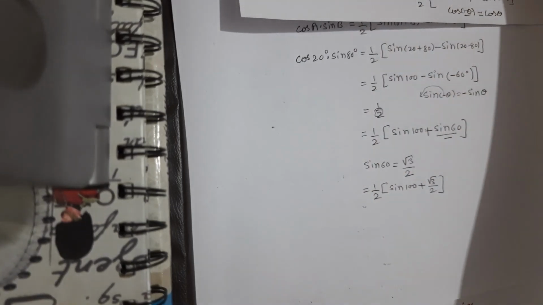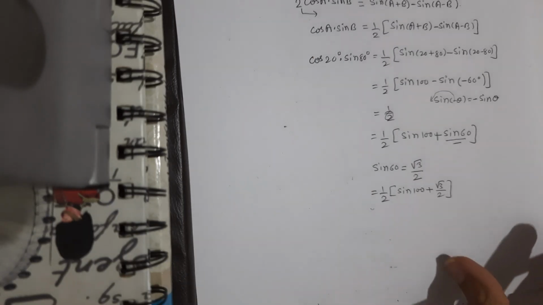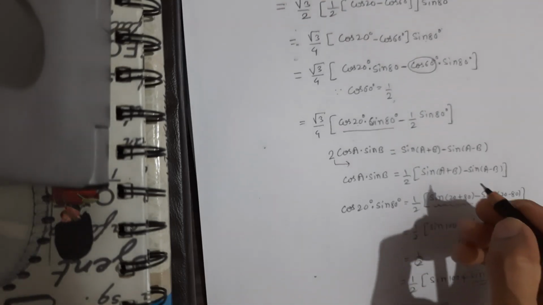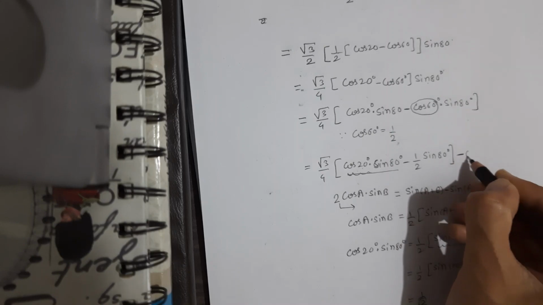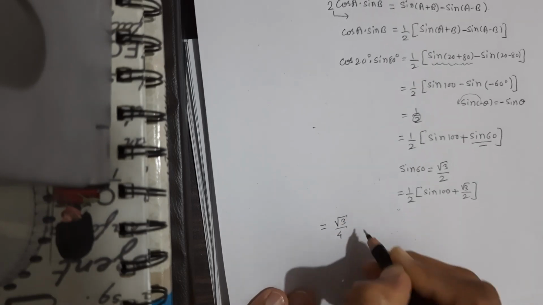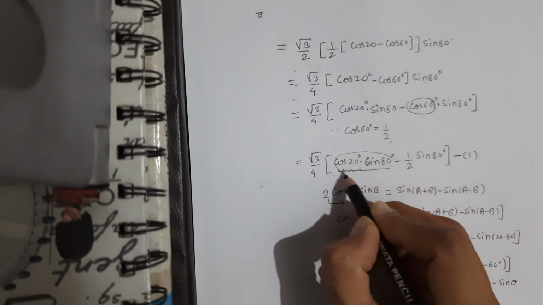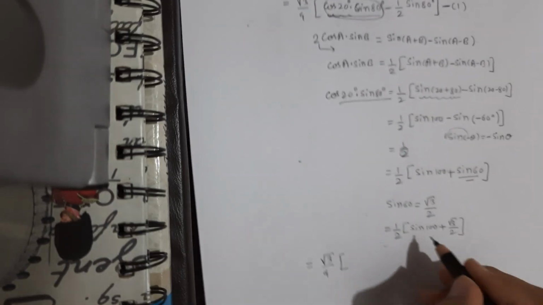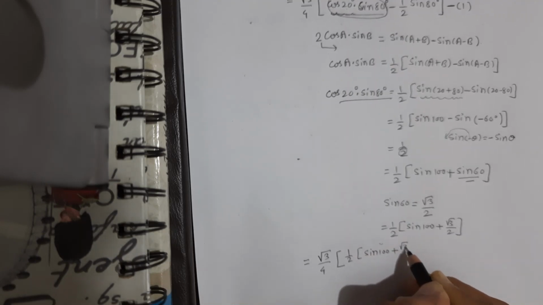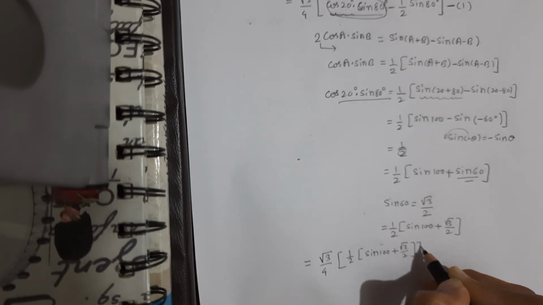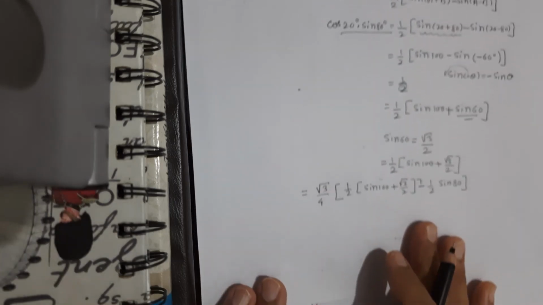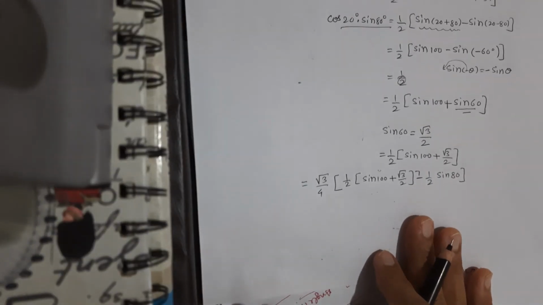So I'll just replace this value here. In equation 1, when I put this value, I get root 3 by 4 into, now I am putting this value I calculated as 1 by 2 into sin 100 plus root 3 by 2, minus 1 by 2 into sin 80 degrees.